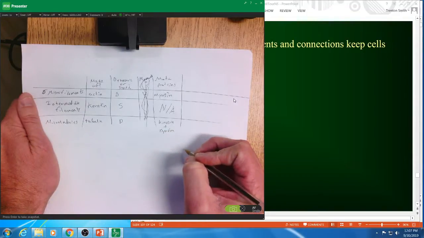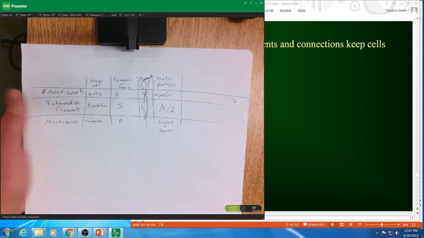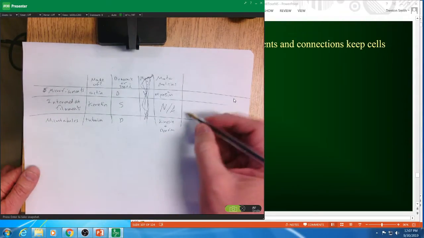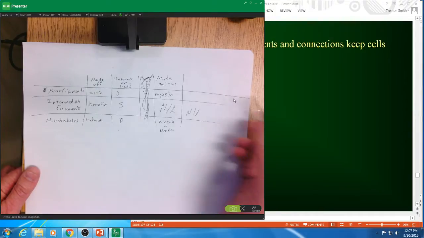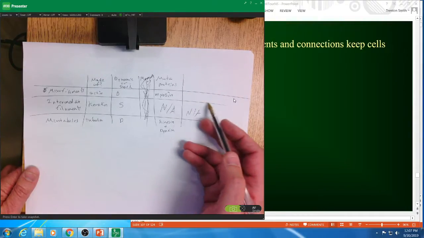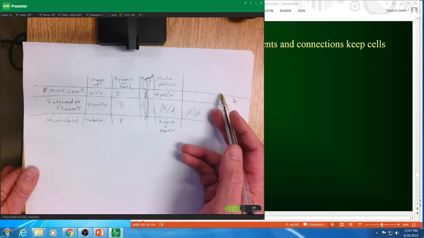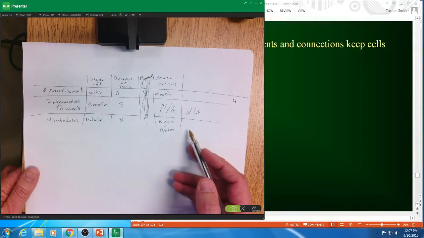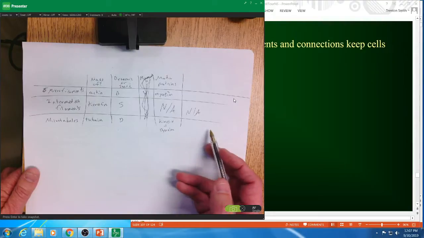If you wanted to fill out the rest of that by giving examples of the kind of movement, you could look at muscle contractions, amoeboid movement, versus moving stuff in the cell, and locomotion, like cilia and flagella.